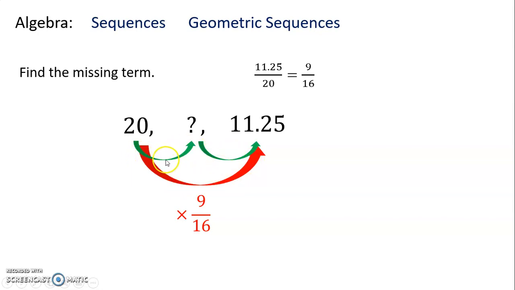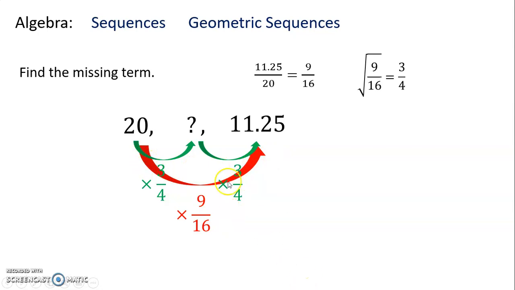So to get back to what one of them is going to be, I need to square root 9/16. And if I keep it as a fraction, that's easy because I know the square root of 9 is 3 and the square root of 16 is 4. And so I must have been multiplying by 3/4 and then 3/4 again. And that's how I get to 9/16 to skip a space.